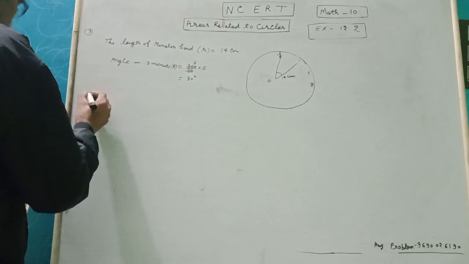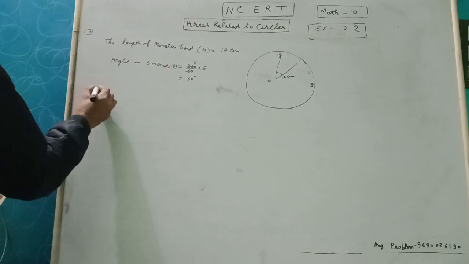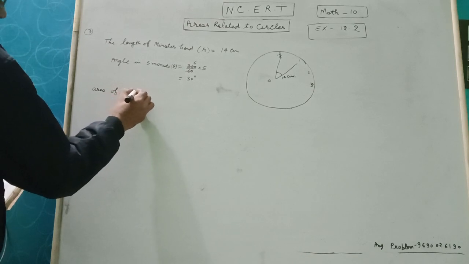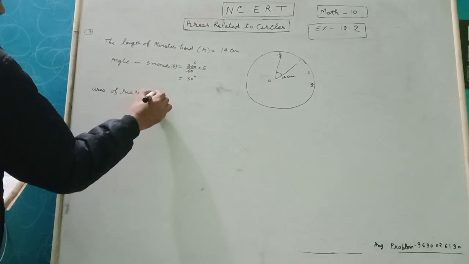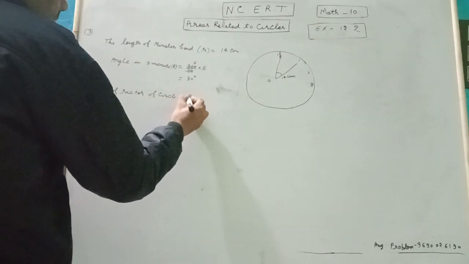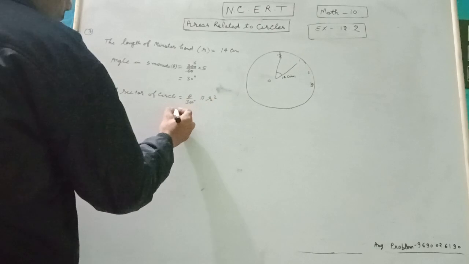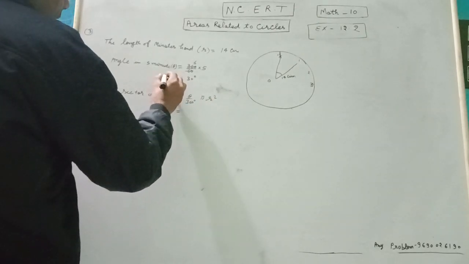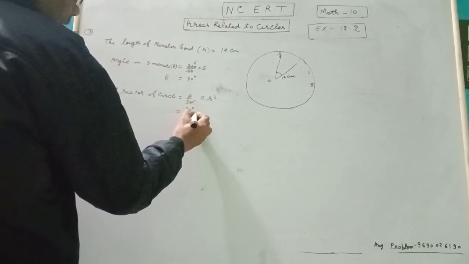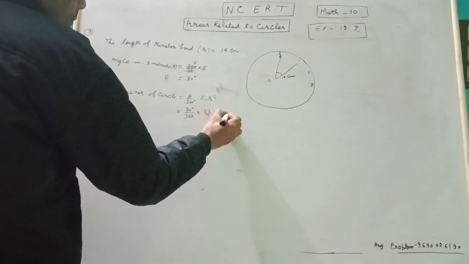Next we find the area of the sector of the circle, which is equal to theta upon 360 pi r square, the formula. The theta value is 30 degrees upon 360, the pi value is 22 upon 7, the r value is 14.